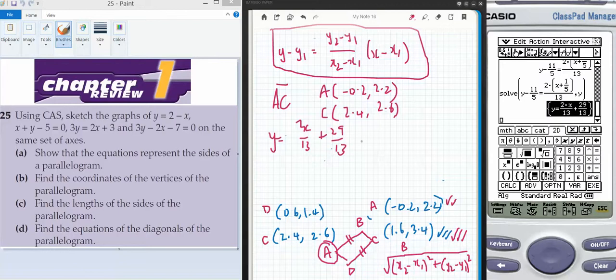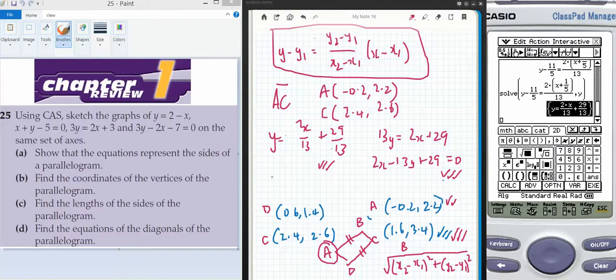If you multiply everything by 13, that gives you 13y equals 2x plus 29, and 2x minus 13y plus 29 equals 0 is in general form, and there it is in gradient y-intercept form. And that's for AC.